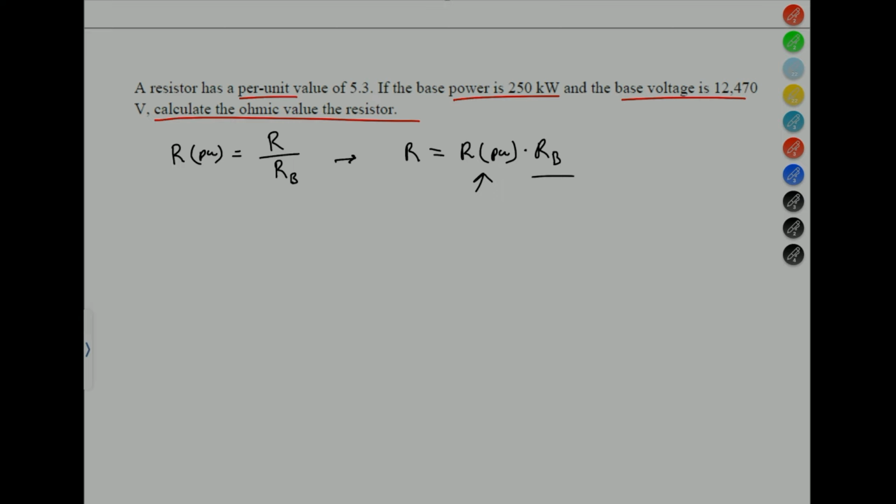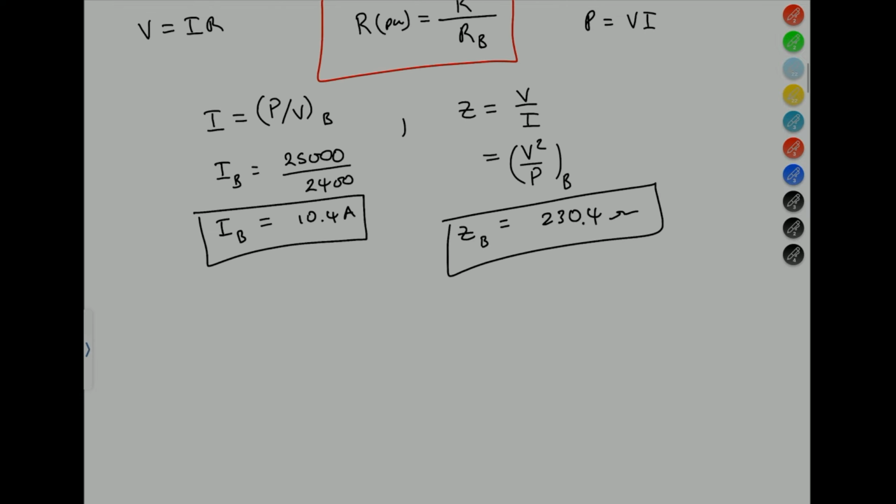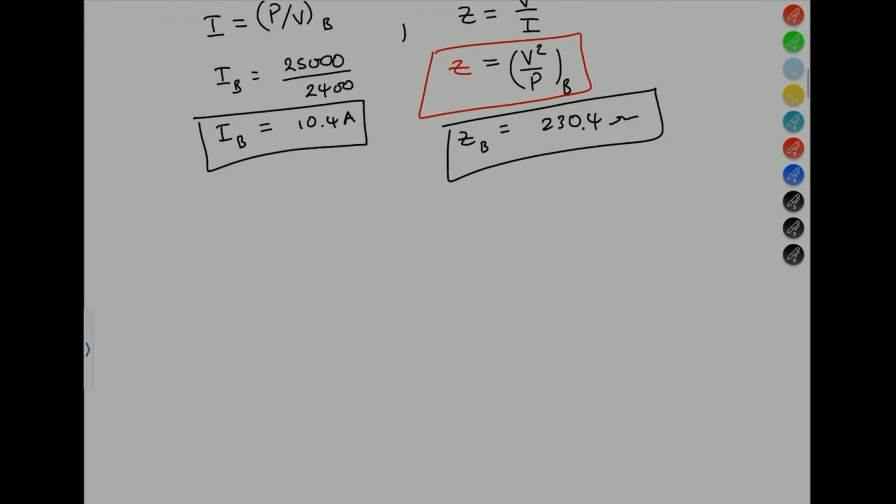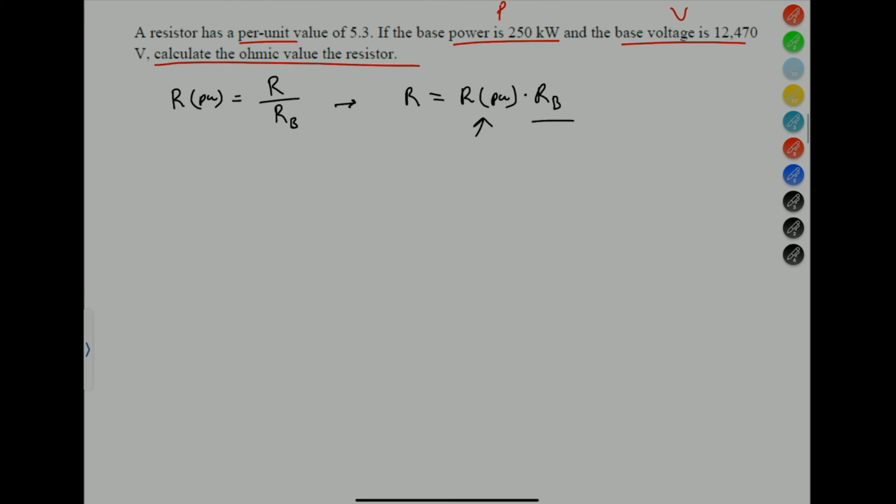Based on our previous equation, we have voltage and power, and we know that our impedance came from that equation. Therefore, our ohmic value is equal to the per unit value multiplied by V squared over P, and that is in base.